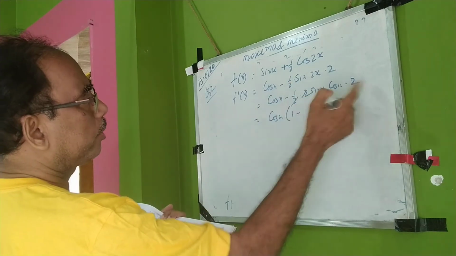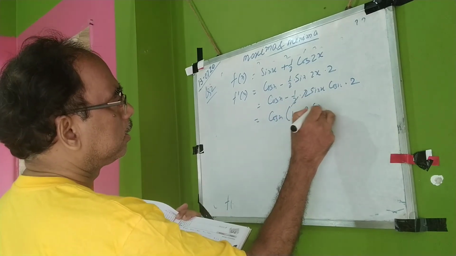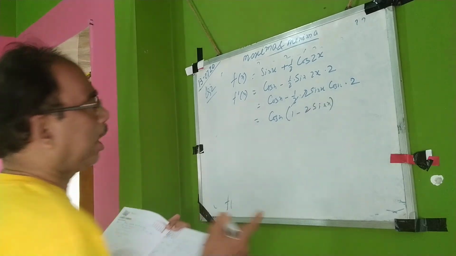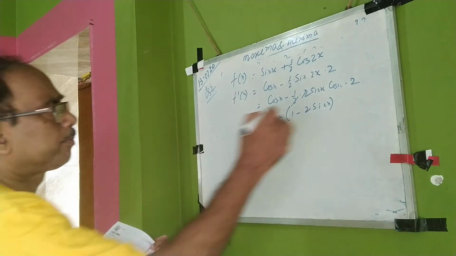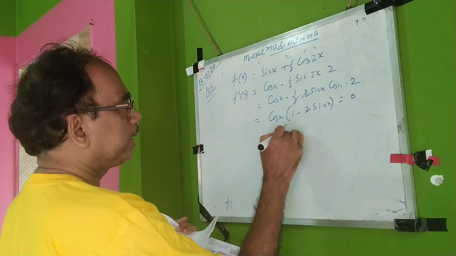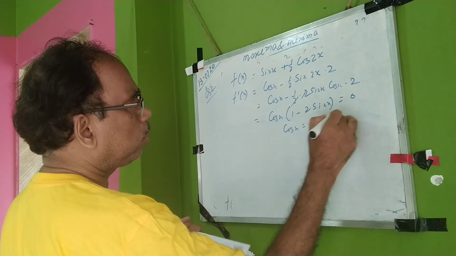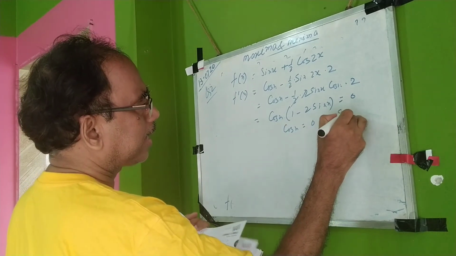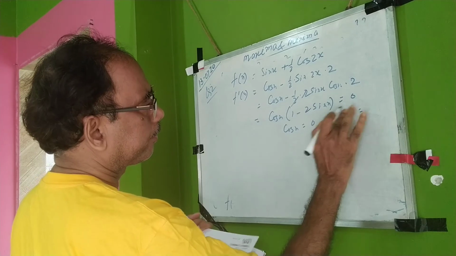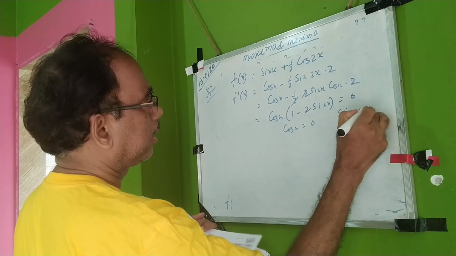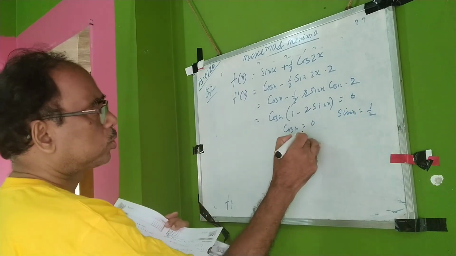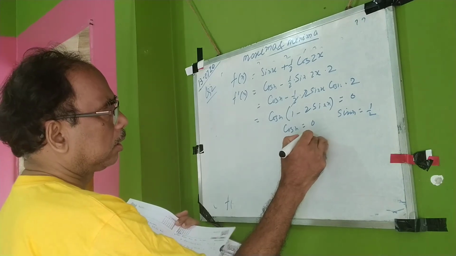Half into 2 sin x. Now we have to put f dash x equals to 0. That is cos x equals to 0 and sin x equals to half.